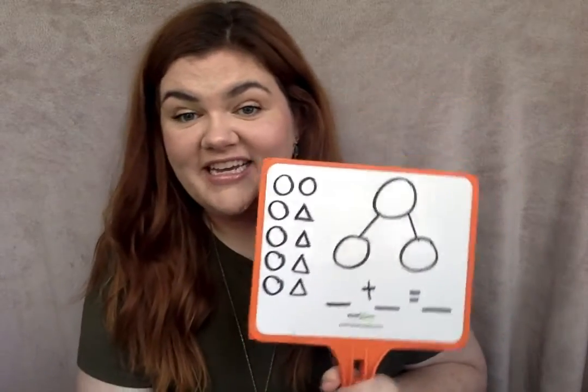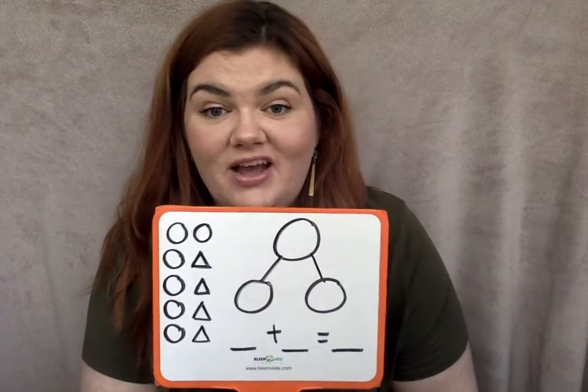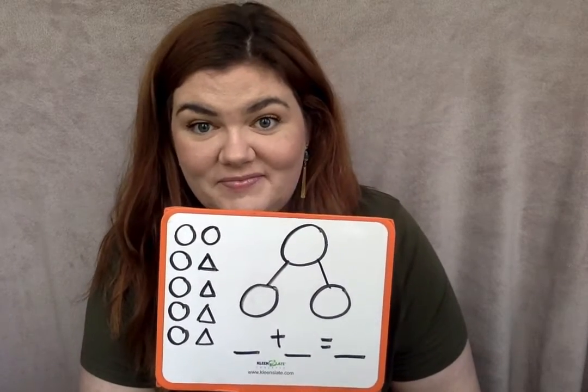That's all you're going to need right now. We are going to be drawing some shapes, a number bond, and a number sentence. Here is what you are going to draw or write. This is what you're going to need to put on your paper, okay?